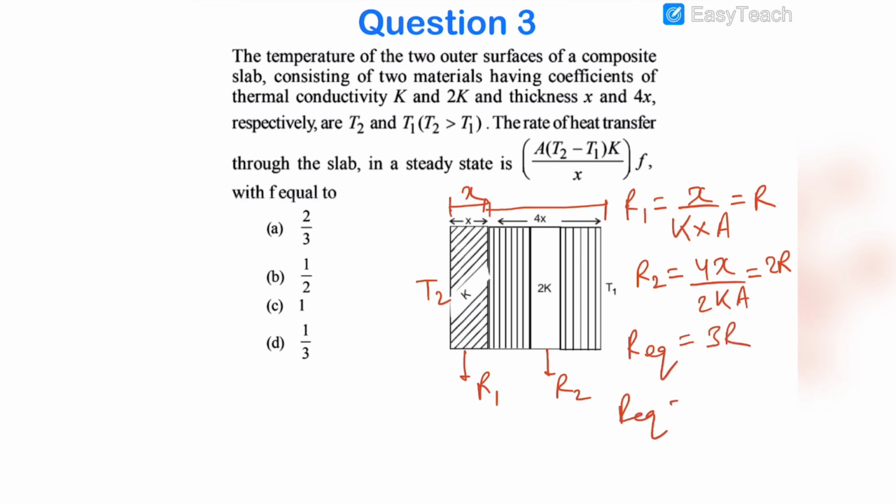So R equivalent will be equal to 3x by KA.